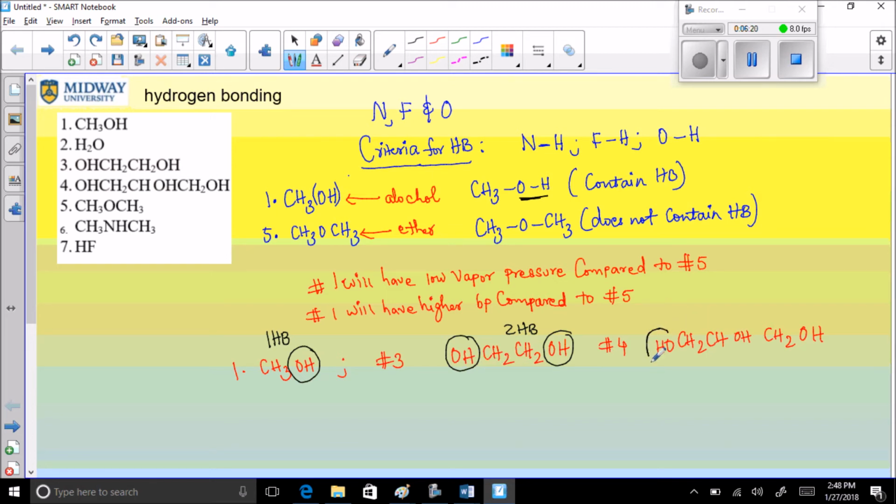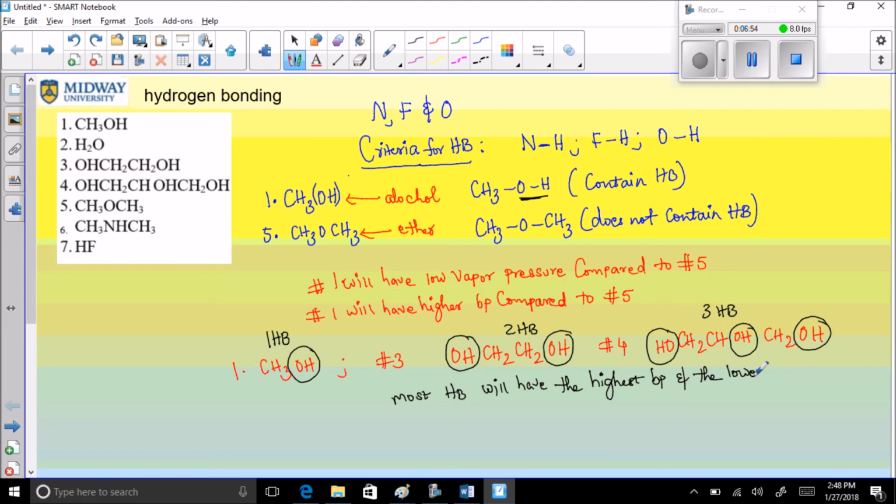Here, there are 3 instances where a hydrogen is directly attached to an oxygen. So this one has 3 hydrogen bonding, this one has 2, this one has 1. That means the one with the most hydrogen bonding will have the highest boiling point and the lowest vapor pressure.